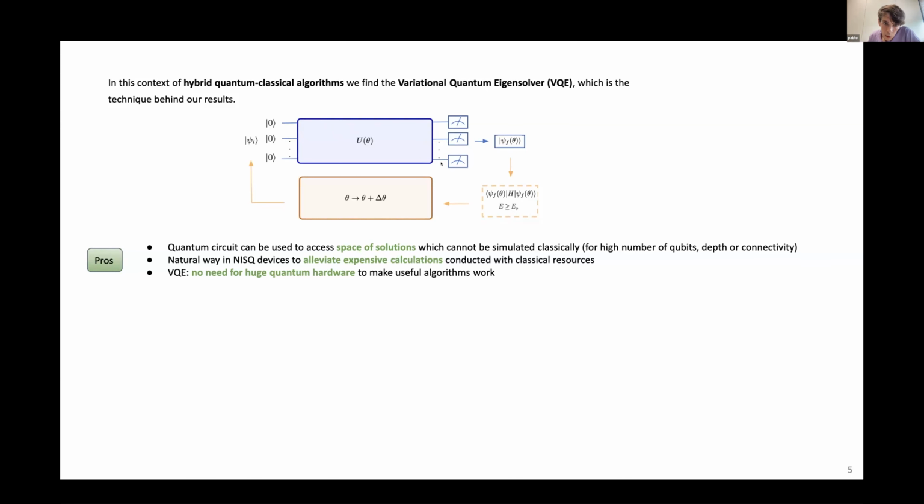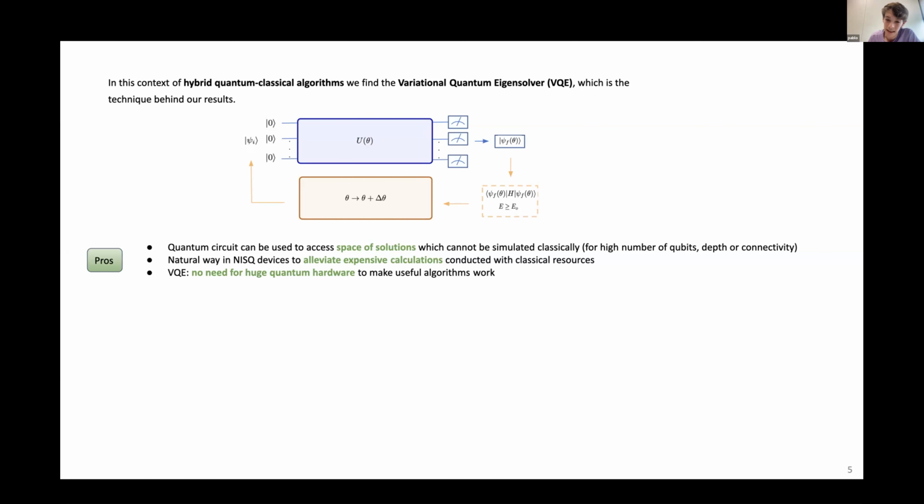This quantum part also helps alleviate expensive calculations conducted with classical resources, and the good thing is that the VQE does not present many obstacles to handle already useful algorithms. Probably it has been difficult in the past, but I guess that according to the quantum hardware we are constructing nowadays, we can already build useful algorithms out of it.